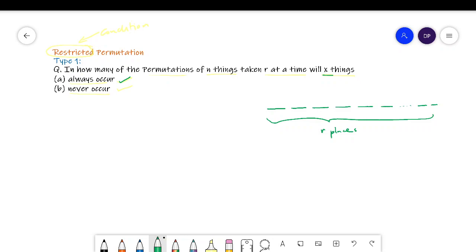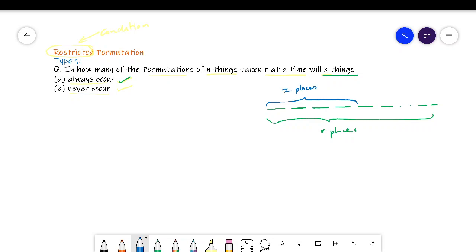Here we are saying x things always occur, meaning from out of r places, x places will always be occupied by x things. So let's say these are the x places.